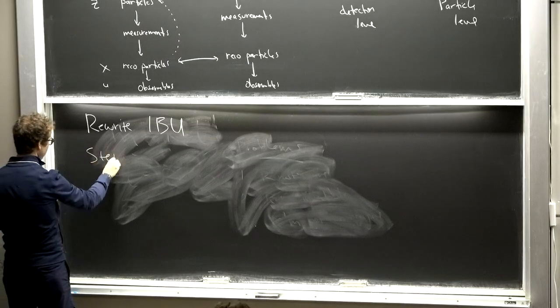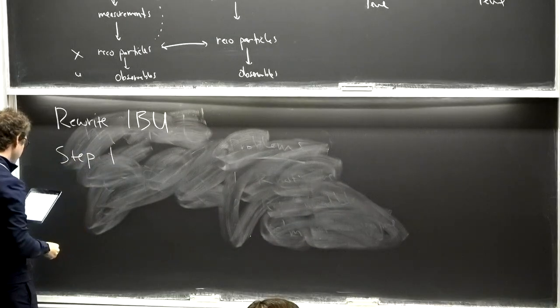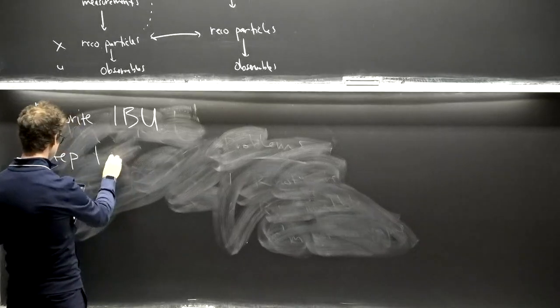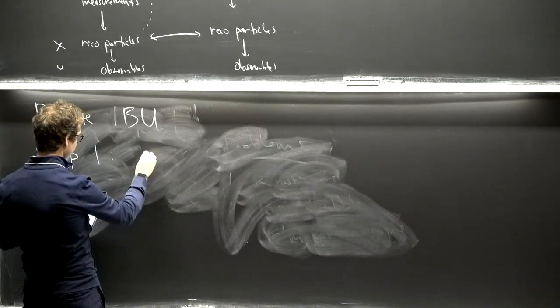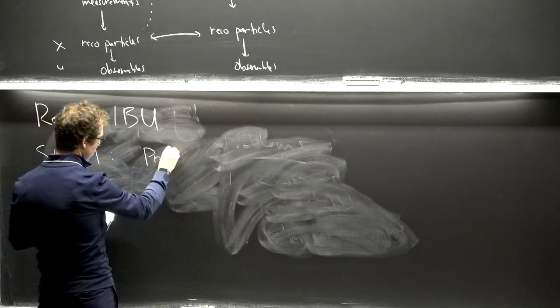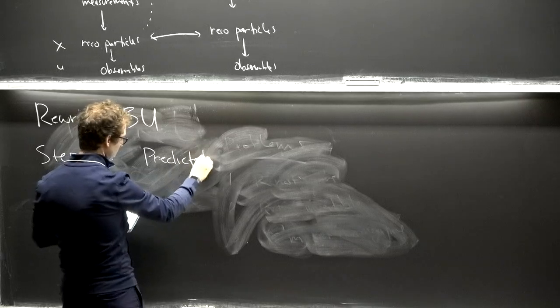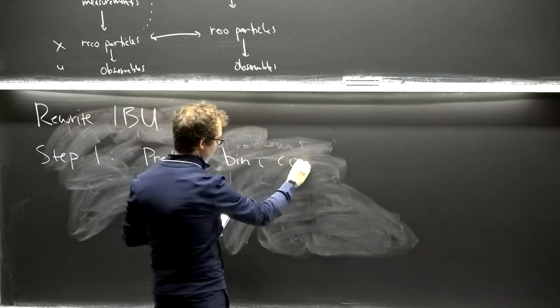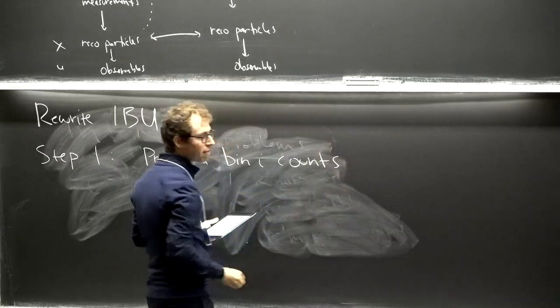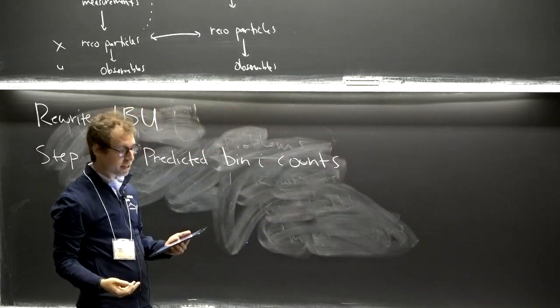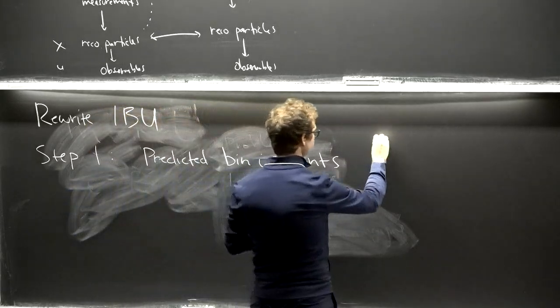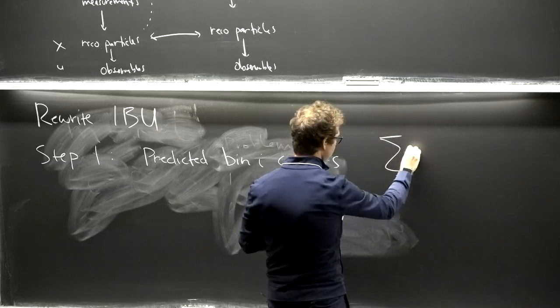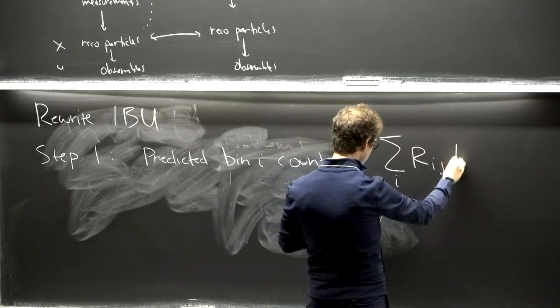Step 1 is the predicted counts. So for a given truth distribution, I can write down the predicted counts in a given bin as this one.